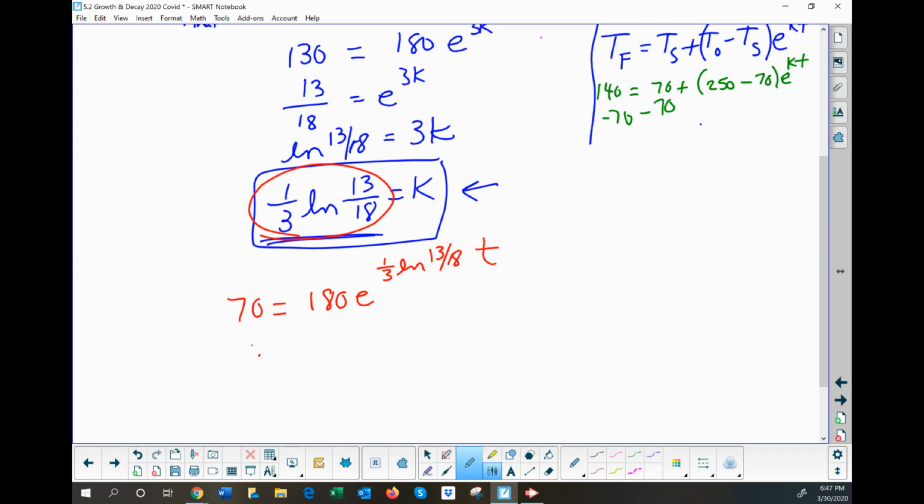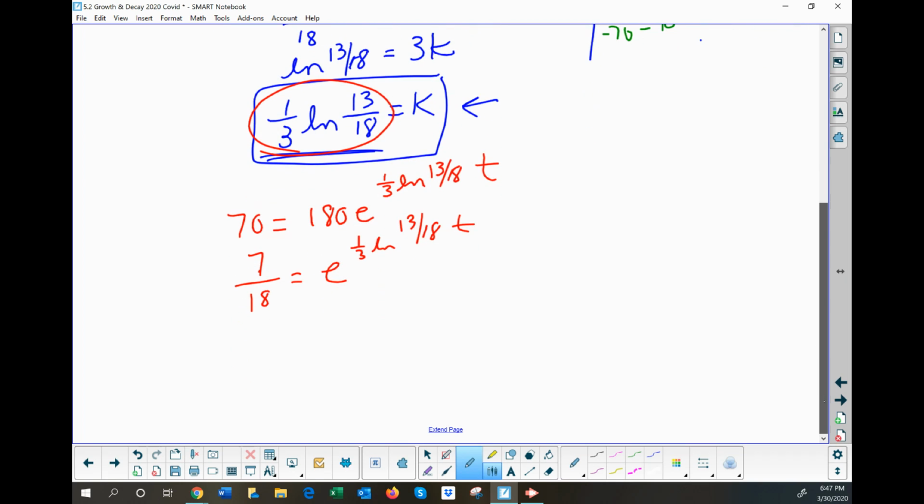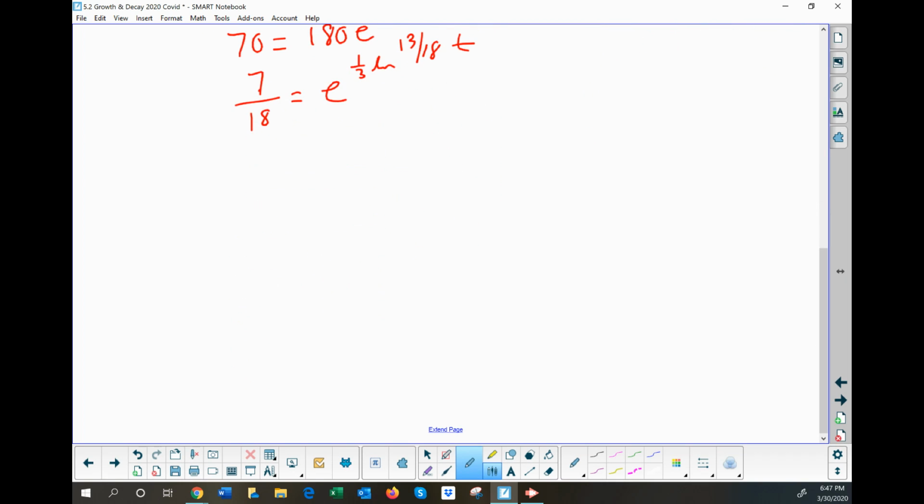E to the 1/3 natural log 13/18 t. Keep solving, natural log both sides to get rid of the e. We're at natural log 7/18 equals 1/3 natural log 13/18 t. Solve for t by division. That becomes 3 times natural log 7/18 divided by natural log of 13/18.